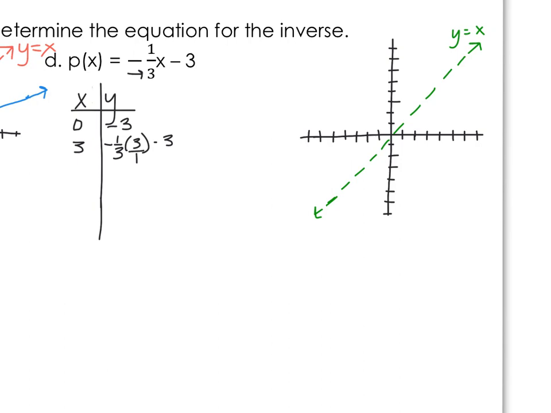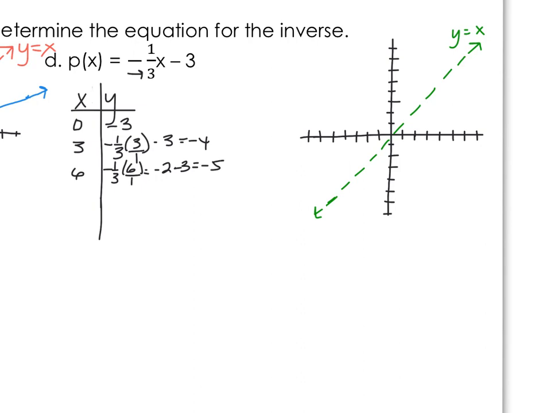And then minus 3 would equal negative 4. And then I'm going to double that. I'm going to go all the way over to positive 6. If we take negative 1/3 times 6, that would be 6 over 1. That would give us negative 2. And then minus 3 would give us negative 5. I think that's plenty for that right-hand side.